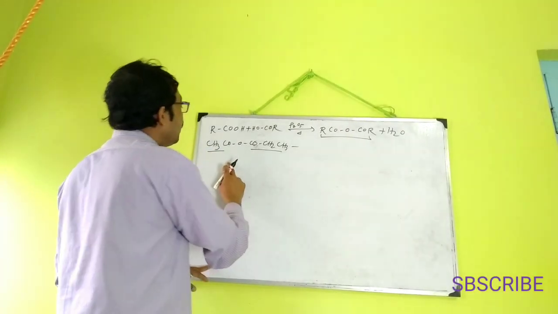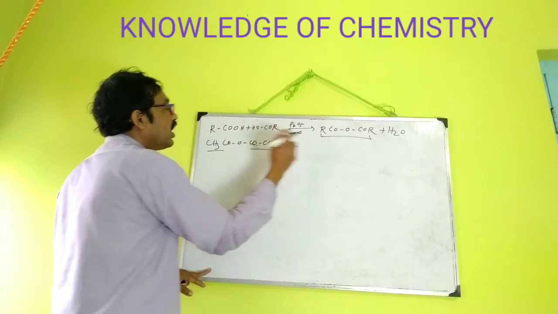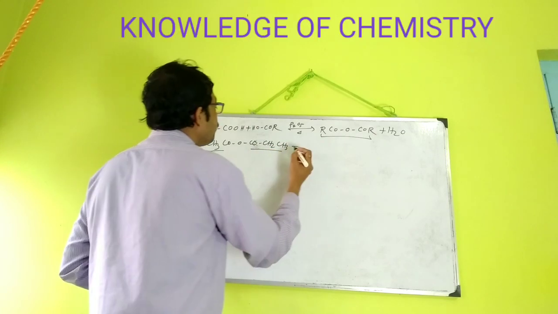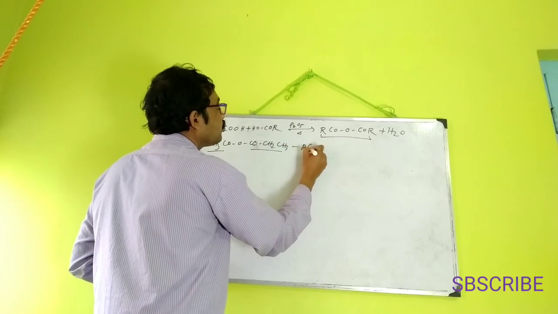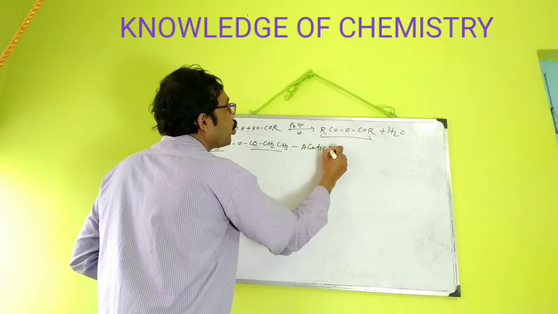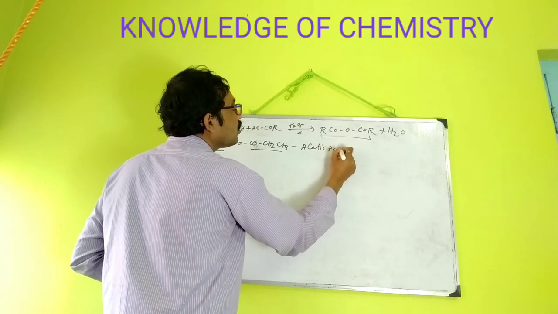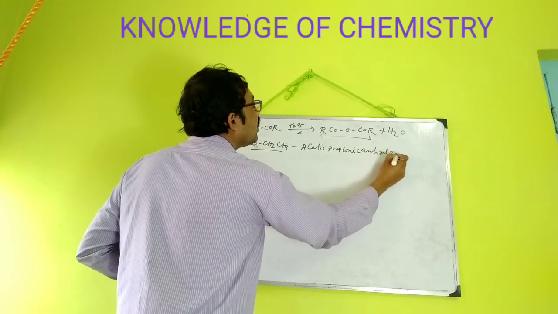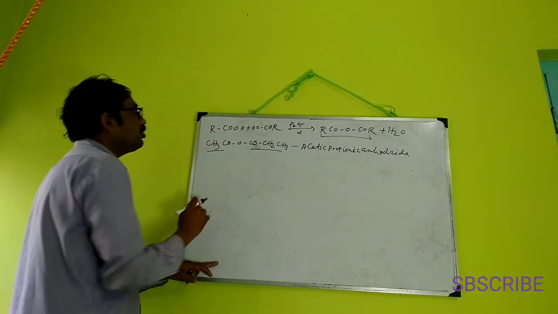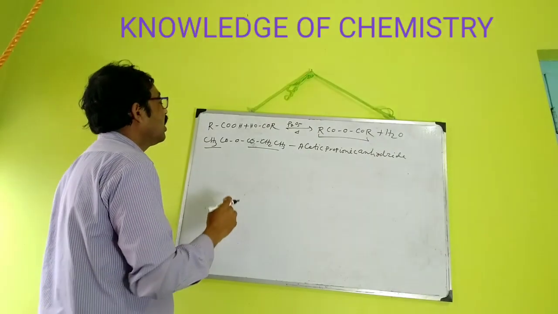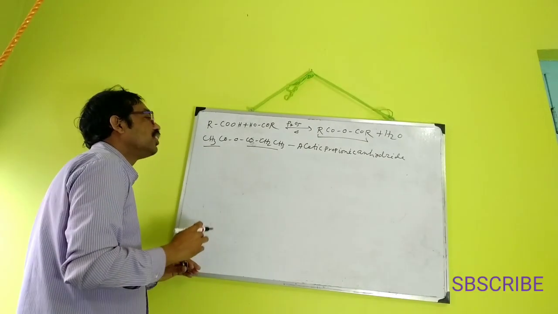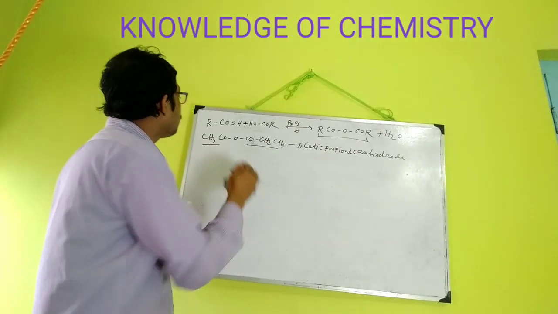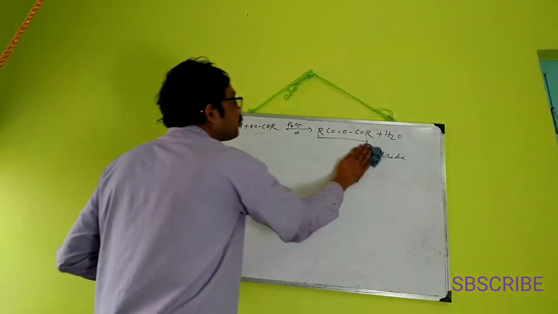So its name will be acetic propionic anhydride, because A is the first letter and then P. In this way you can name different anhydrides according to their trivial names.